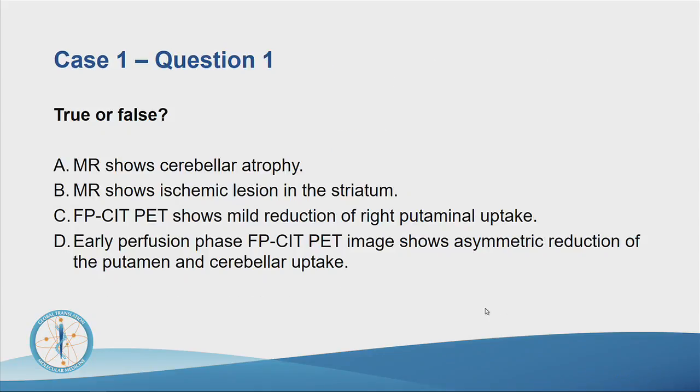Okay, the questions. A, MR shows cerebellar atrophy. True. B, MR shows ischemic lesion in the striatum. No. C, FP-CIT PET shows mild reduction of right putaminal uptake.